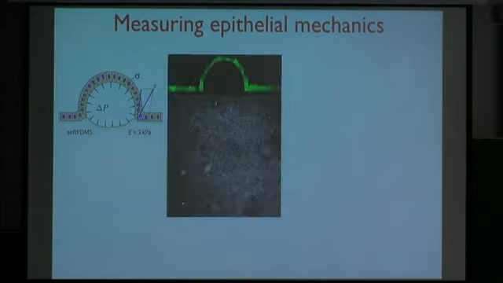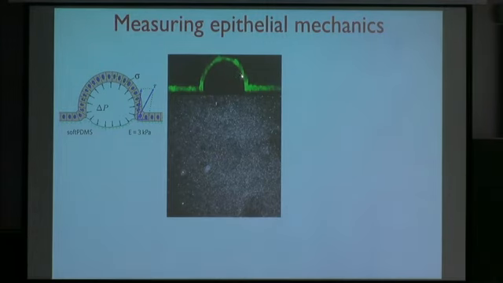So what you can do now is to kill the cells and then compare the position of these fluorescent beads before and after the cells were there. And by doing this, you can infer the forces that these cells were exerting on the substrate.